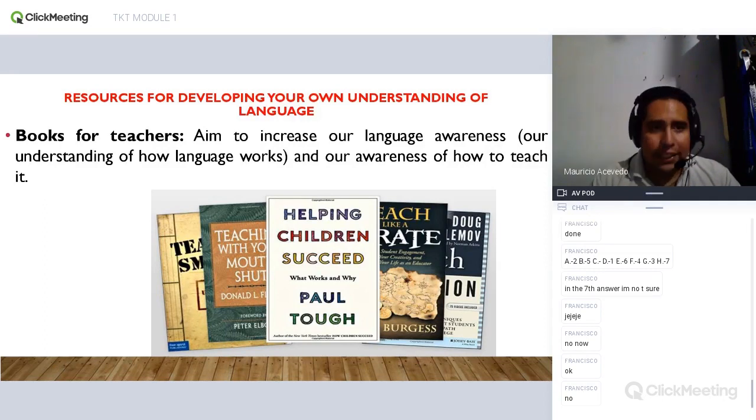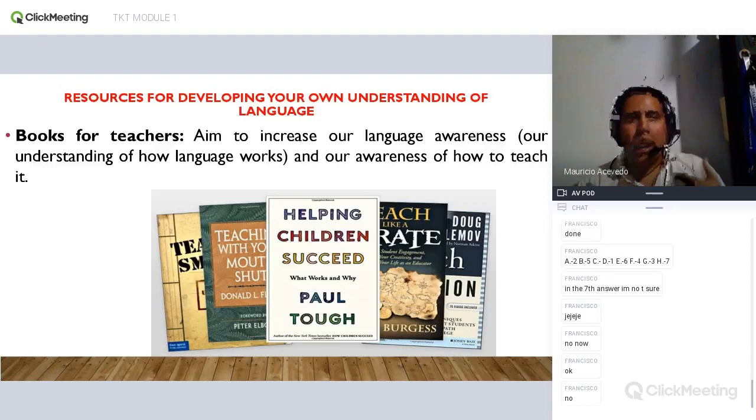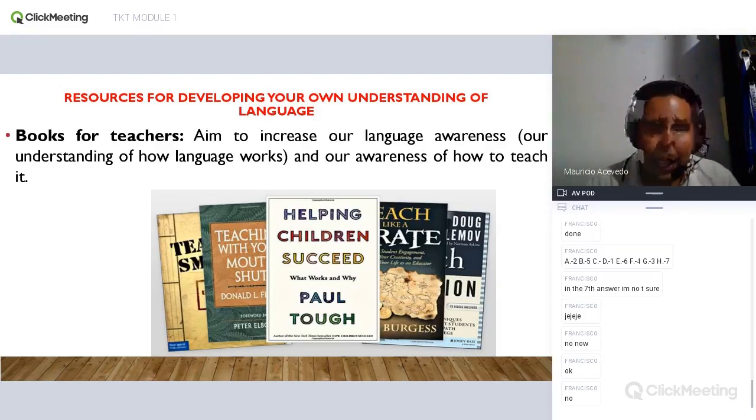Okay, resources for developing your own understanding of language. And this is for us, Francisco, like we are teachers. Books for teachers aim to increase our language awareness, our understanding of how language works, and our awareness of how to teach it. So now, in comparison to the students' resources, for us, we can also have books for teachers.